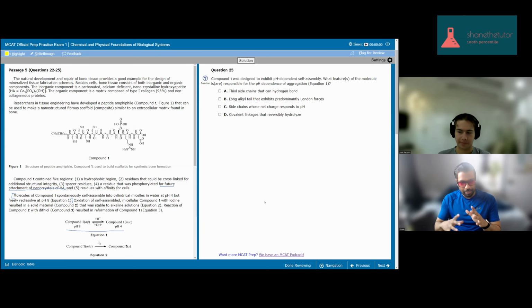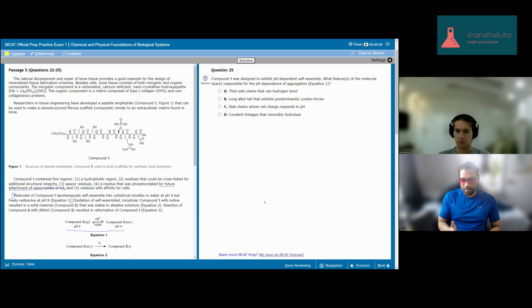Multiple molecules of compound one that we have in figure one come together to form the micelles, right? So aggregate would mean that multiple molecules add up, right? If you see this question, don't worry about forgetting what they mean by aggregation.